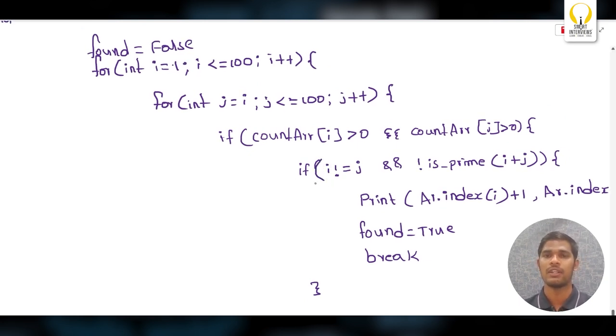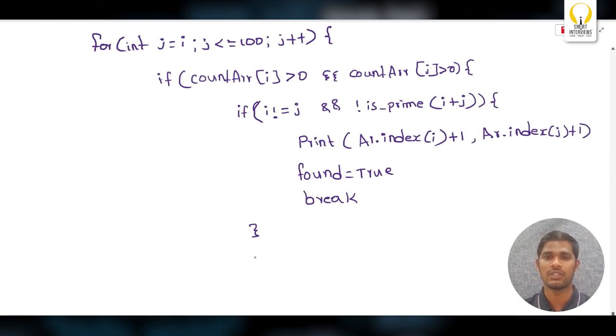But there is also the case that we need to check, the case for i is equals to j. So we have to check if i is equals to j, what do you need to check? The frequency should be greater than or equals to 2, counter of i is greater than or equals to 2.